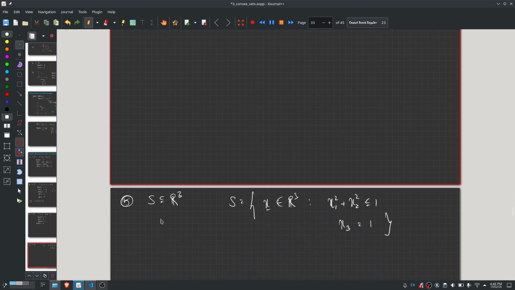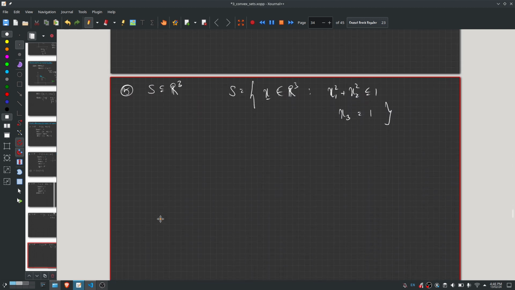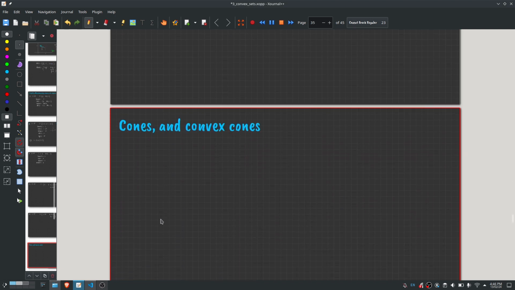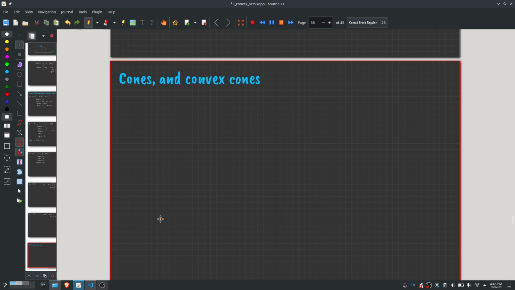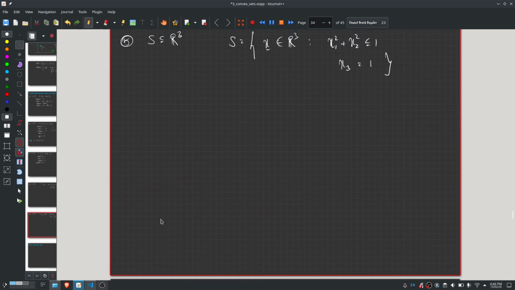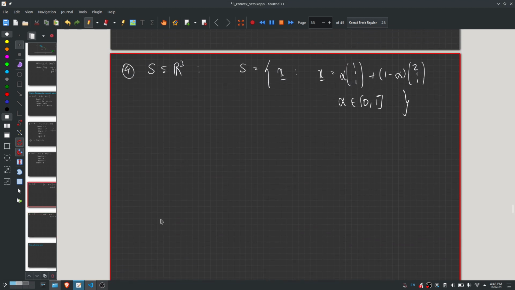The same thing, you can work this out yourself. Okay. Any questions? All right, so you can work these 2 examples out yourself.